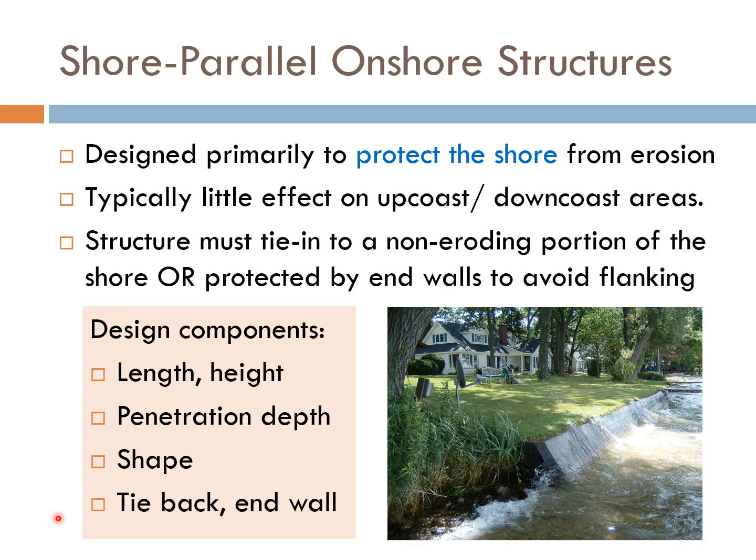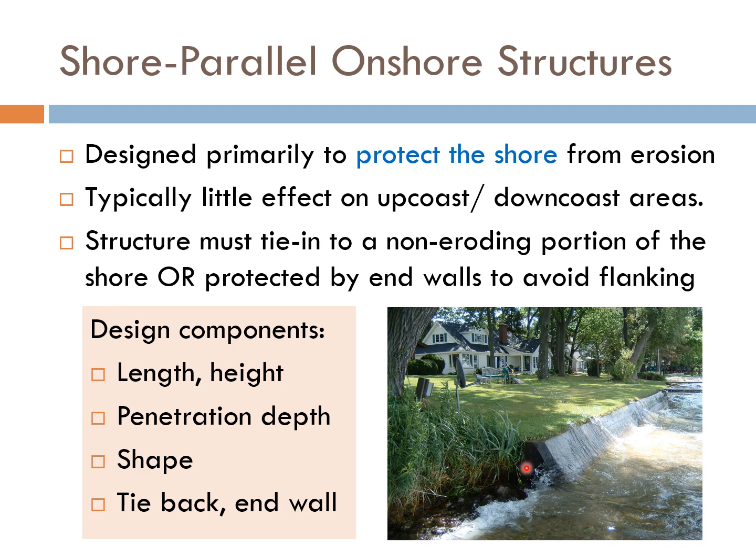However, the structure must be tied in properly to a non-eroding portion of the shore or protected by end walls in order to avoid flanking effect, such as what we see here in this figure. If the wall ends abruptly, then it might actually expose erodible section of the shoreline on the up coast or the down coast section to wave attack.